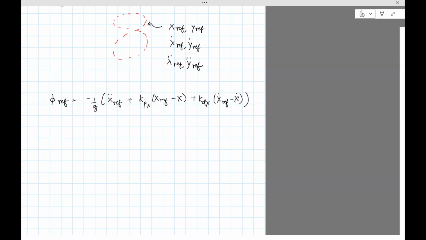Okay, so that is phi ref. So phi ref is made a function of x ref. It's just something we've never seen before. I won't delve into the derivation and all that, but this is what works for an underactuated system.